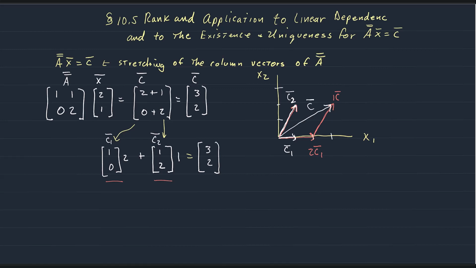It goes over 3 and up 2. So we can think of AX as stretching the columns of A and producing a new vector.